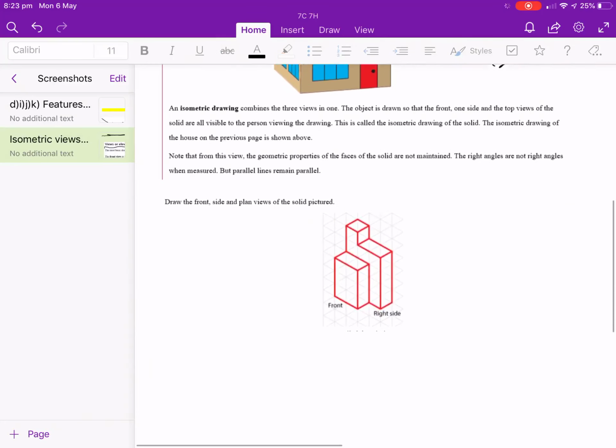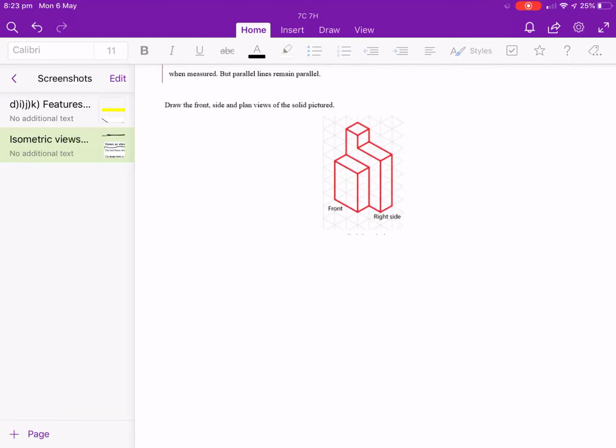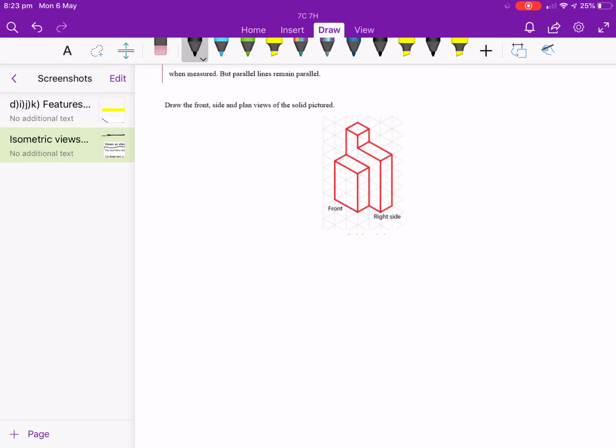So you might get a question that looks like this. Draw the front, side and plan views of this solid picture. Now you would have a ruler and grid paper. In my case I don't have that, but they've labelled which side's the front. So for the front view, with a nice ruler, I would count the squares.